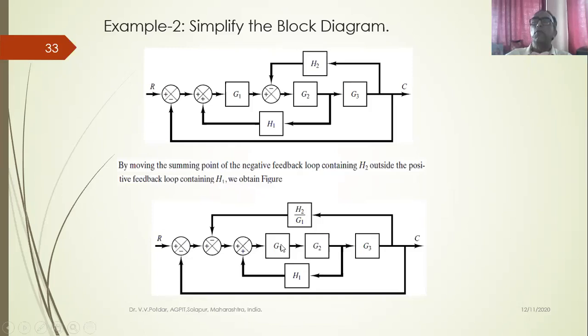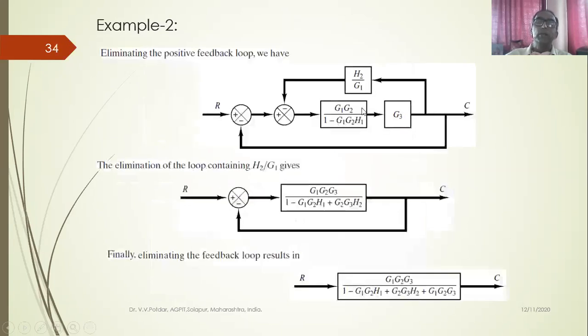The third or fourth rule was there, eliminating a minor feedback loop. So what will be the transfer function after combining all these blocks? G1 G2 upon 1 minus G1 G2 into H1. So this will be a single block, and I already have G3.